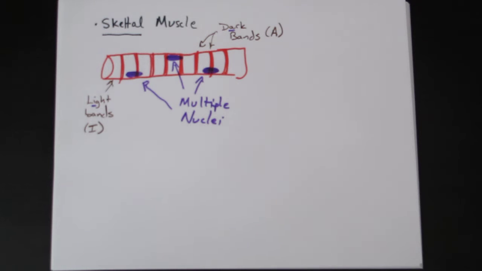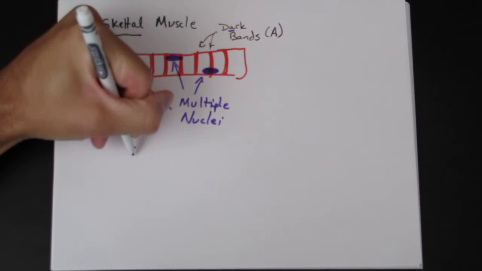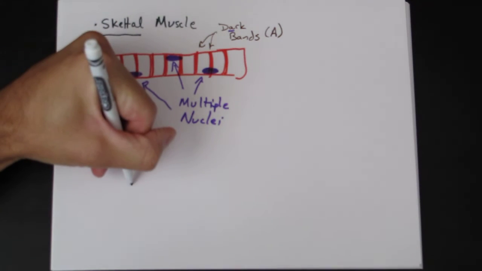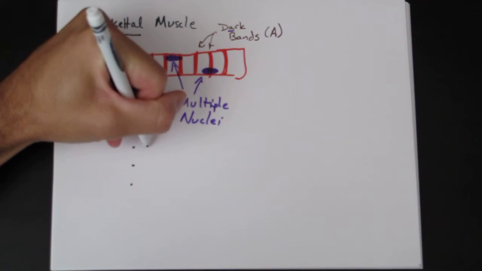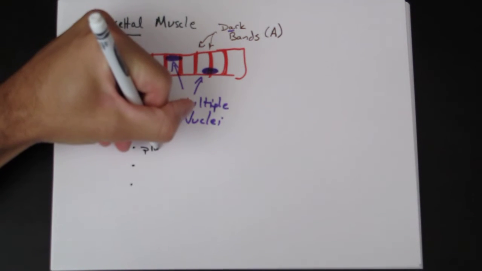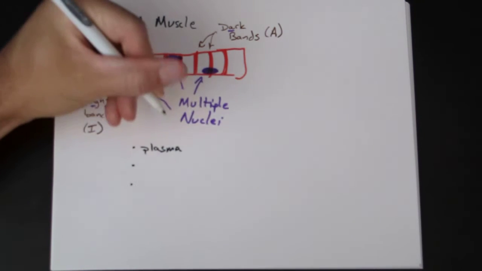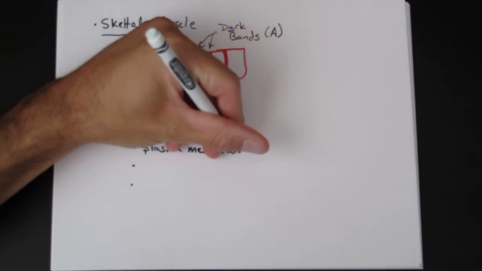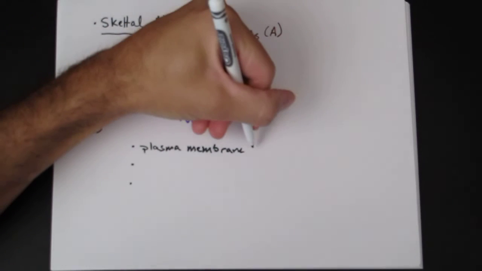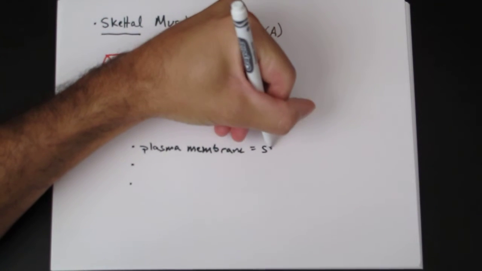If you remember from anatomy, we have kind of a specialized anatomy vocabulary when we talk about skeletal muscle or any muscle for that matter. So for instance, the plasma membrane of a muscle cell is called the sarcolemma.